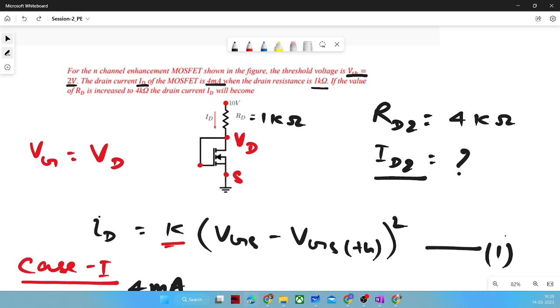This VGS equal to VDS minus VS, but VS is 0. That's why we equated, right? VGS is. Yeah, you are correct. Since the source is grounded, VGS is anyway going to be VD.